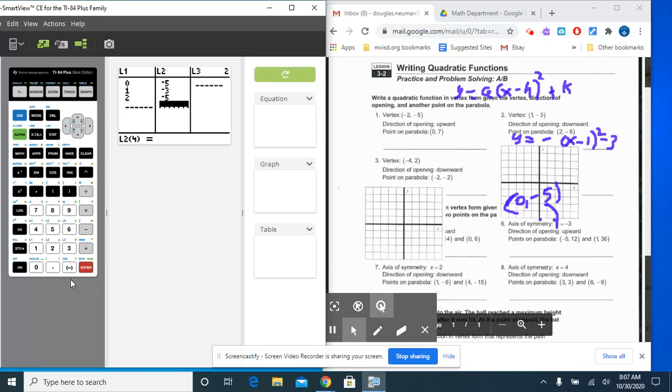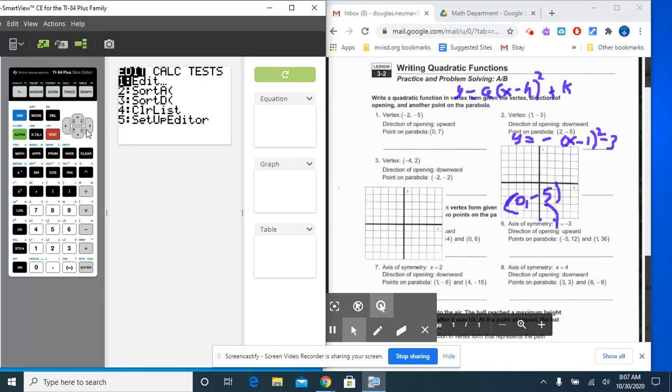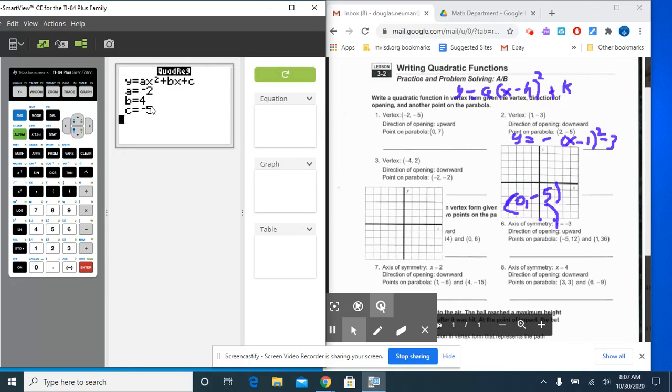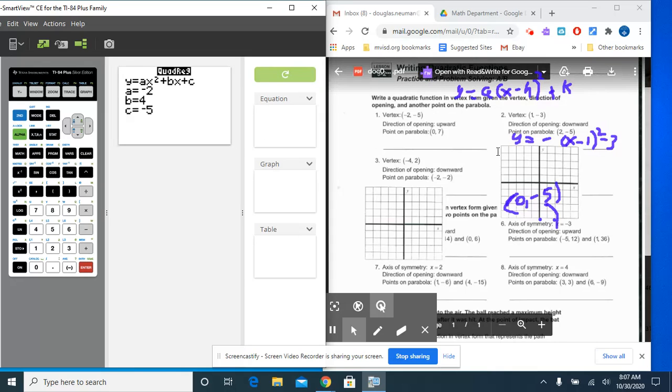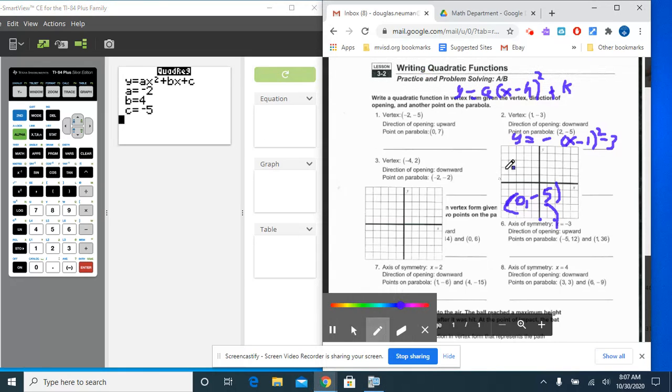So it matches 0, negative 5, 1, negative 3, 2, negative 5. I go back to stat, right arrow to calculate tab, and quad reg is option 5. So we want to do a quadratic regression. And in this case, I just need an equation. So I just keep pressing the enter key until I get an equation. And what I need out of the equation is the a value, this negative 2. So then I know that negative 2 goes right there. And there's my equation in vertex form. And I'm finished with that equation.